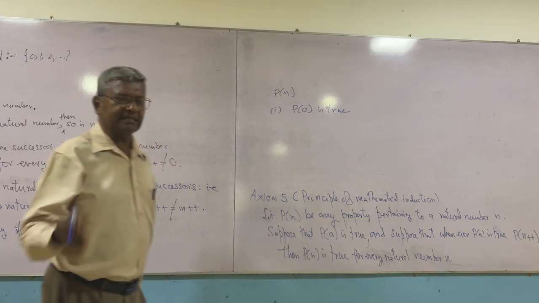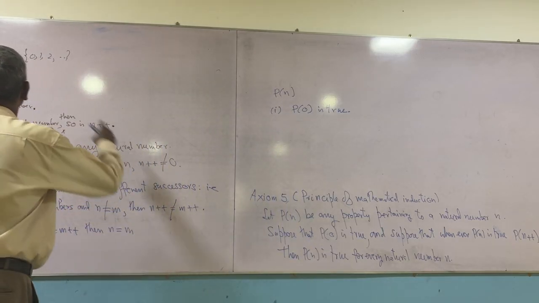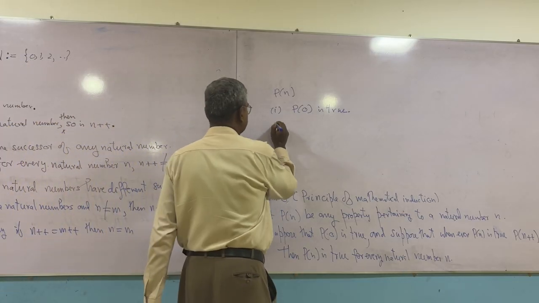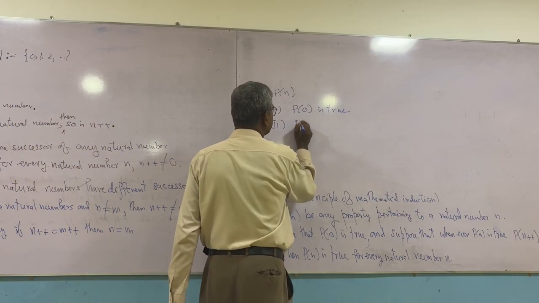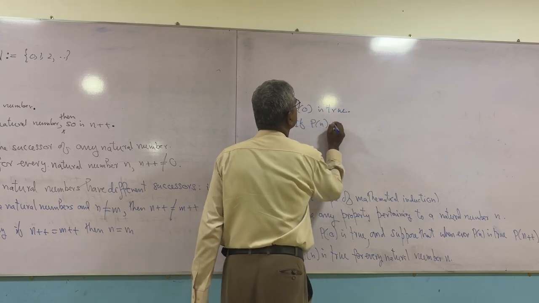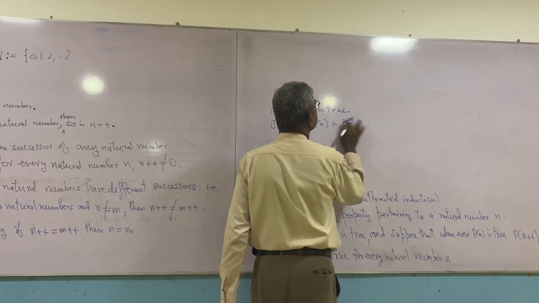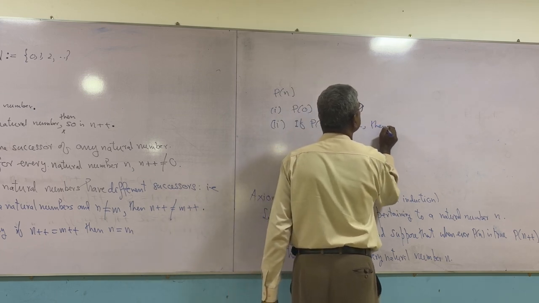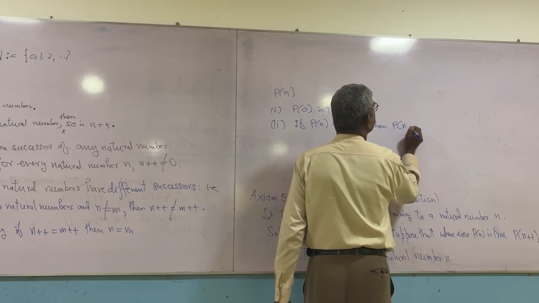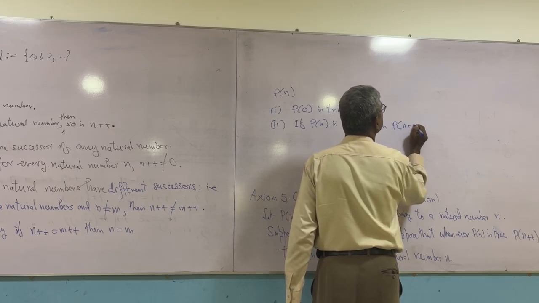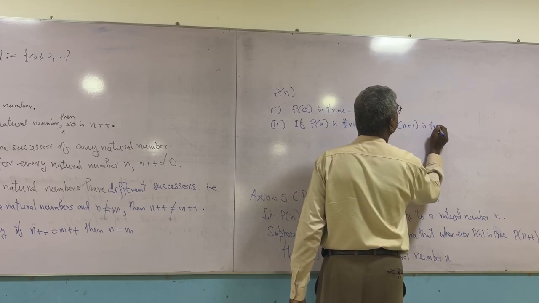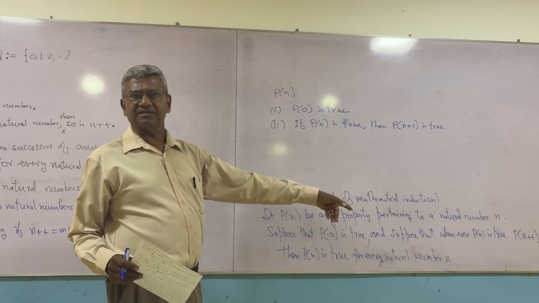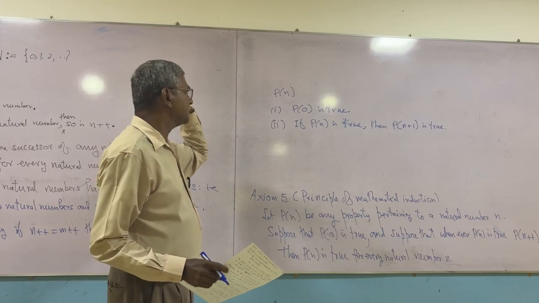In your A-level style, P1 is true, the first one in our way. And two, if Pn is true, then we say Pn plus 1 is true. In your A-level classes, you said that. Here he is saying Pn plus plus. Same thing, Pn plus plus is true.